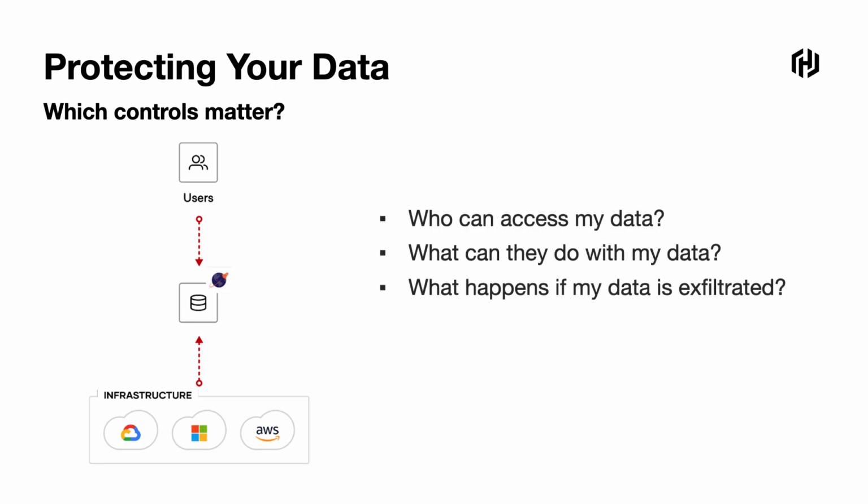And so the big questions that we often get when we're talking to customers are all about who can access my data. Once they've gained access to my data, what can they do with it? And how do we go about protecting my data from exfiltration, or at the very least, making sure that that data is completely unusable to anybody if it does get exfiltrated? So those themes are going to be what we're weaving through today. And again, we are going to be taking a look at the idea of users and systems/applications within that context.